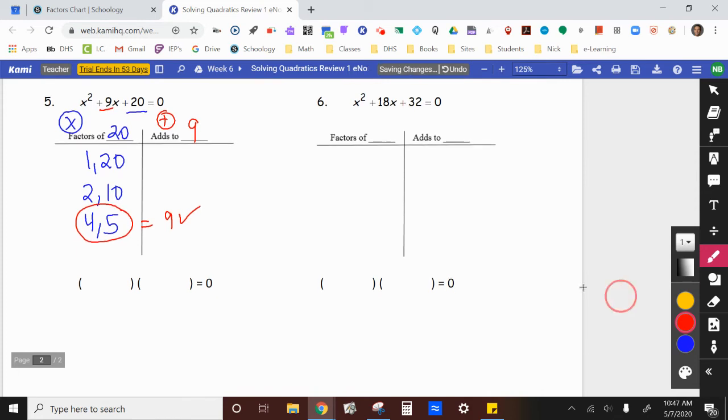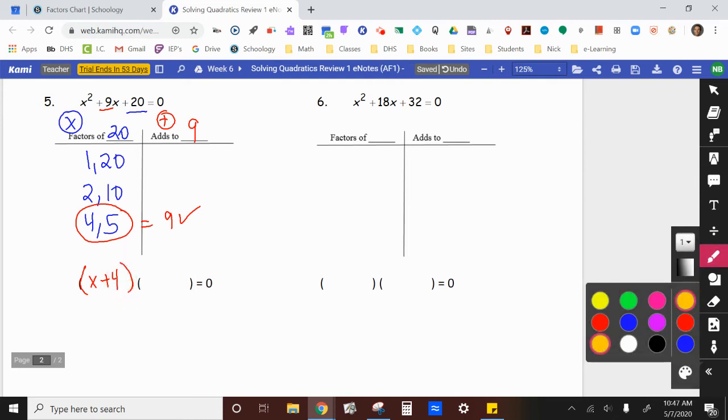So now I can finish factoring this. I'm going to break up this trinomial into x plus 4 times x plus 5. When we factor a trinomial, my result is two binomials.